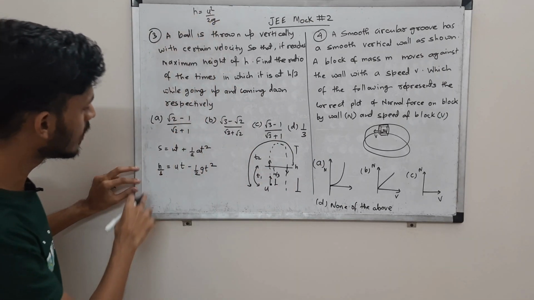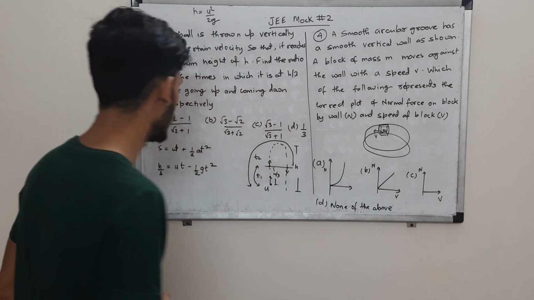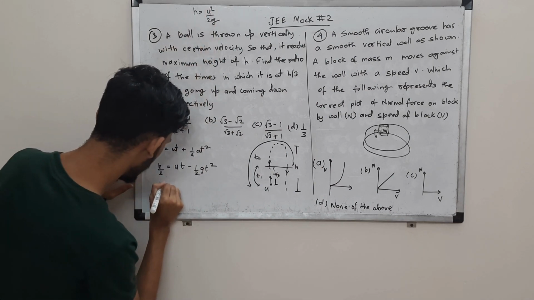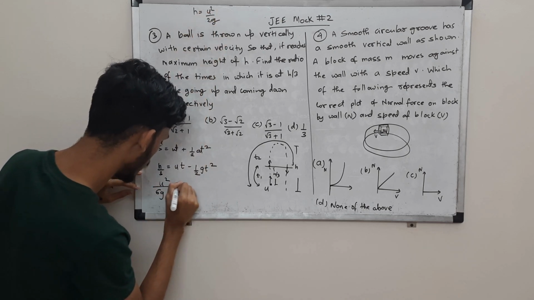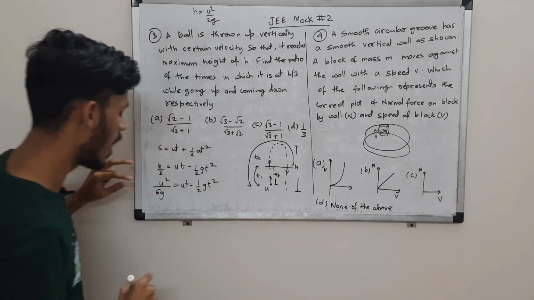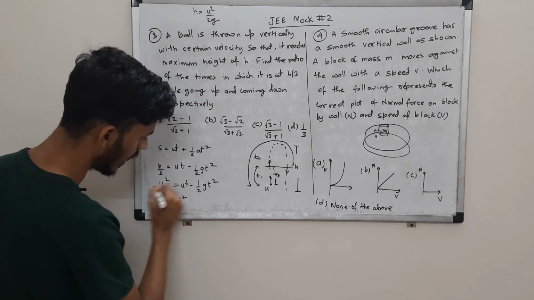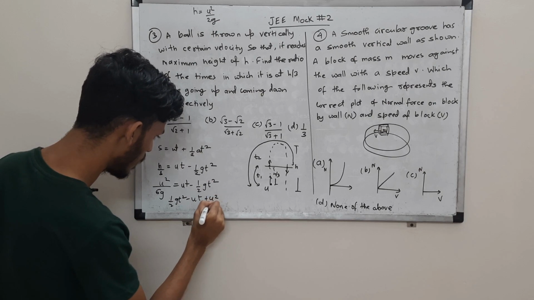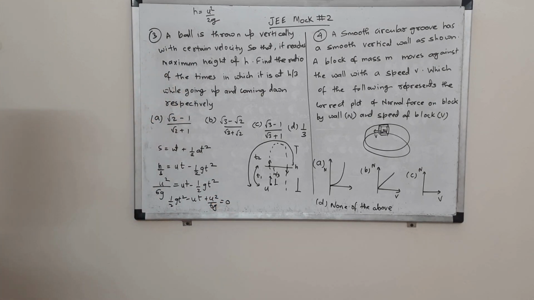We'll substitute this because we want everything in terms of u. So we can write h as u square by 2g, which will make h by 3 equal to u square by 6g. And this is ut minus half g t square. So let's write it as half g t square minus ut plus u square by 6g is equal to 0, like a quadratic.